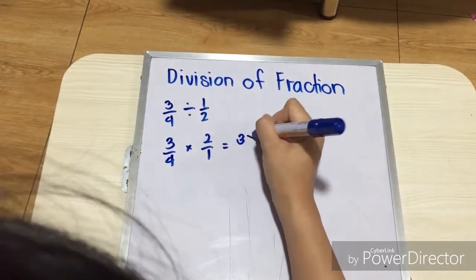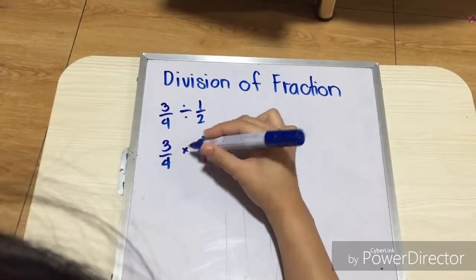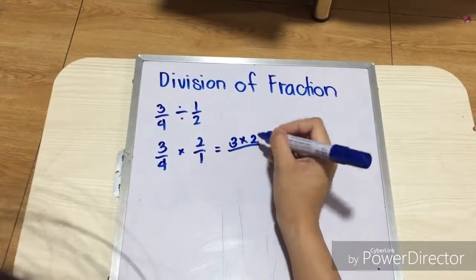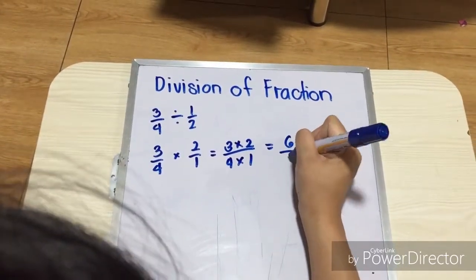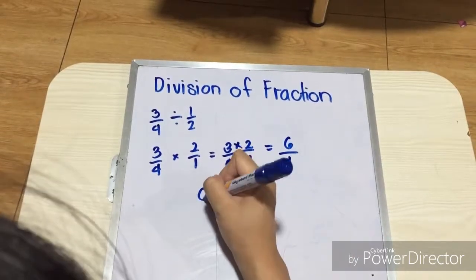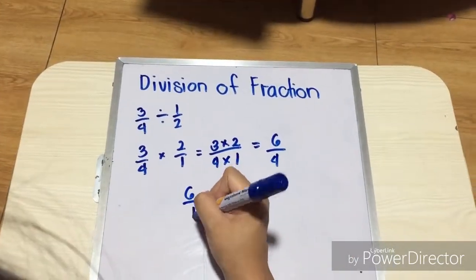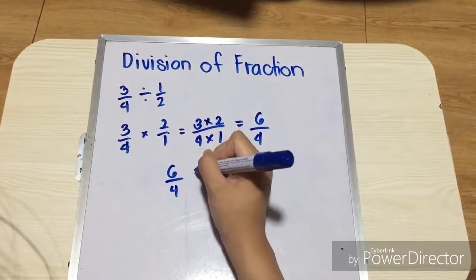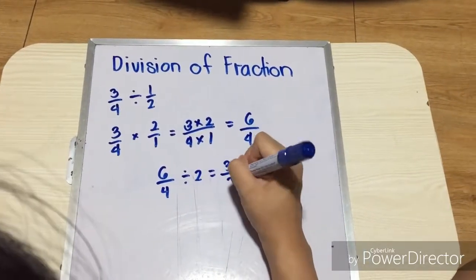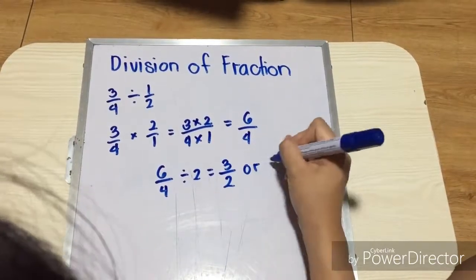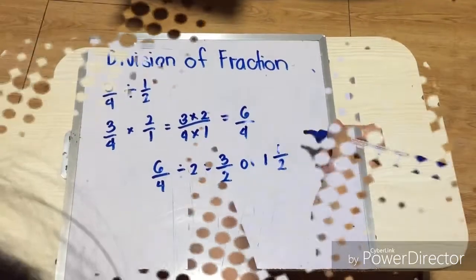Now we shall multiply it like normal multiplication of fractions, numerator by numerator and denominator by denominator. 3 times 2 and 4 times 1 is equal to 6 over 4. Then we shall get the lowest term. The lowest term of 6 over 4 is 3 over 2, or in mixed fraction, 1 and 1/2.